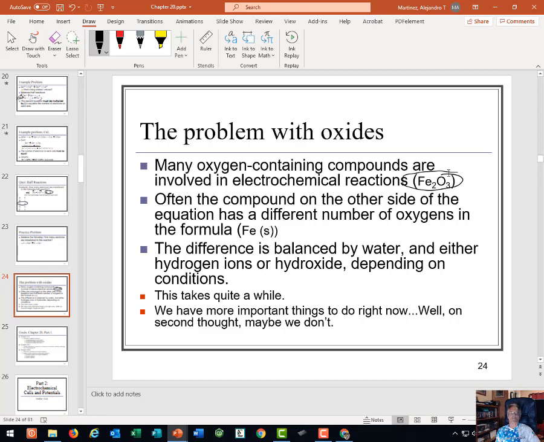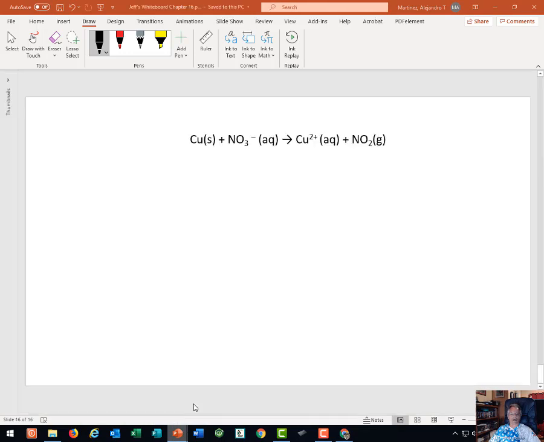So the difference is balanced by adding water to the side that requires more oxygen and hydrogen ions or hydroxide ions, depending on whether we're balancing under acidic conditions or basic conditions. So we're going to balance under acidic conditions, and I'll show you exactly how to convert that to basic conditions. It's really pretty easy. So here is a reaction.